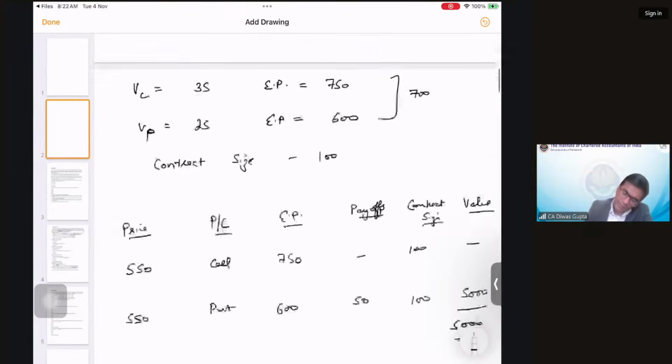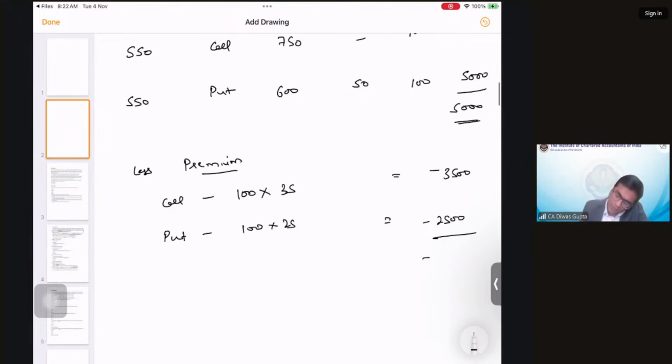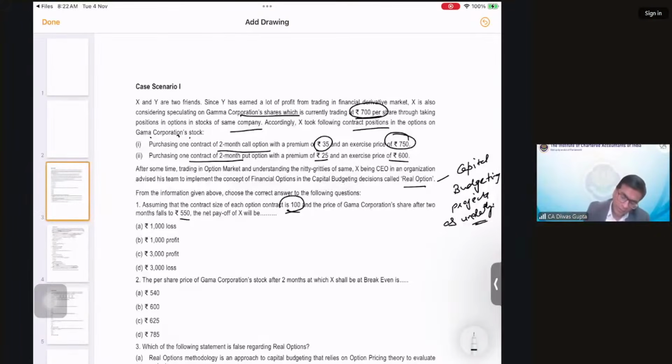On 100 size we would have paid 35 rupees as premium for call option, and for put option again on 100 for 25 rupees we would have paid premium, right? So this is 3500, 2500. This is all going to get reduced. So minus 1000 rupees becomes the payoff. So 1000 rupees of loss. This is the right answer. Clear, students?